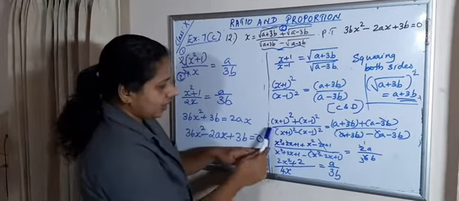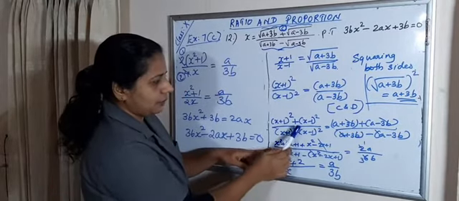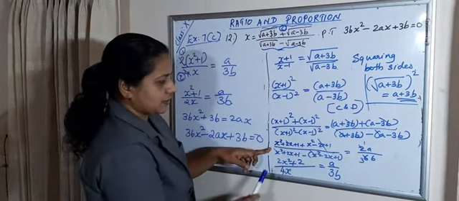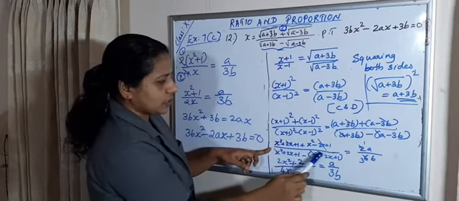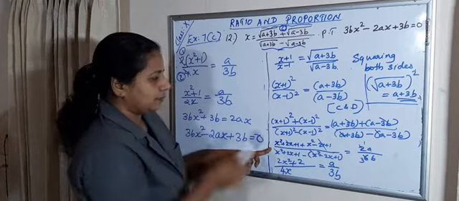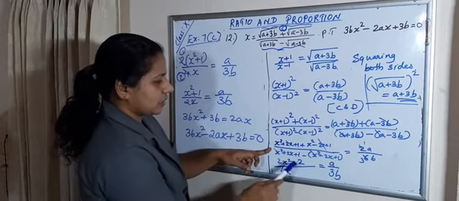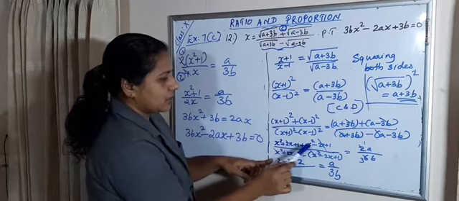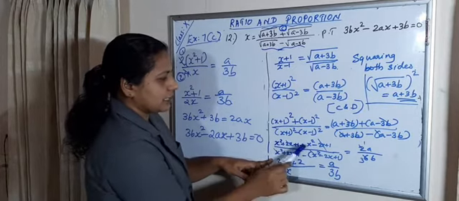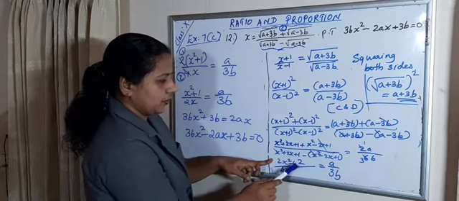Here x square plus 2x plus 1 plus x square minus 2x plus 1 divided by x square plus 2x plus 1 minus x square minus 2x plus 1. That is x square plus x square is 2x square. Then plus 2x minus 2x cancelled, plus 1 plus 1 is equal to 2.